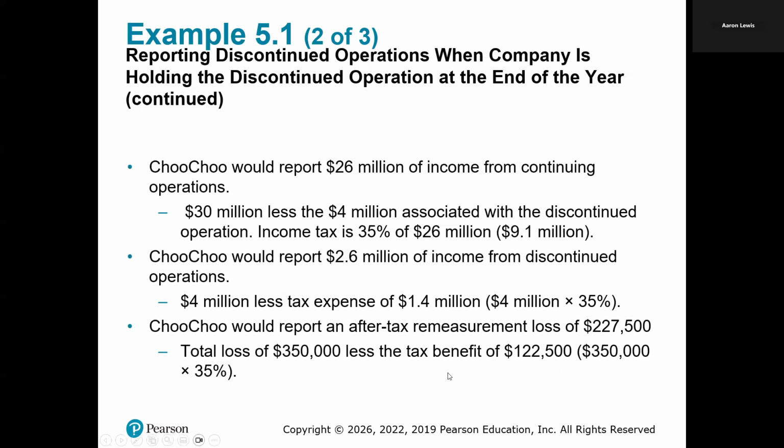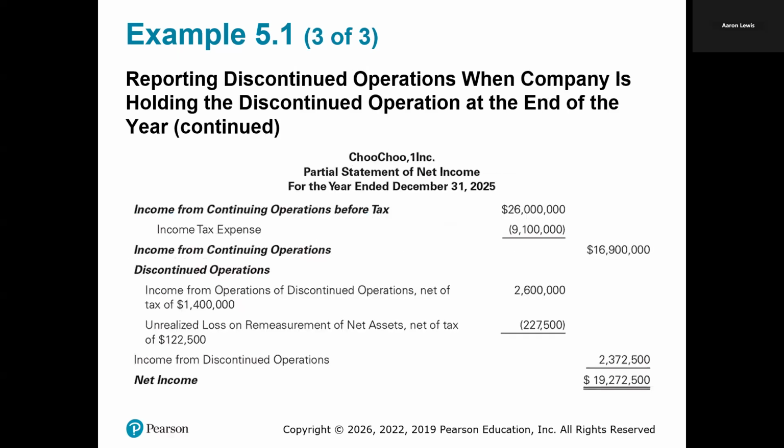And 35% of 350,000 shows that we saved $122,500 on our taxes. So that $350,000 loss at face value really only decreased our company's overall profitability by 227,500 because it allowed us to save a significant chunk on our taxes during the period.